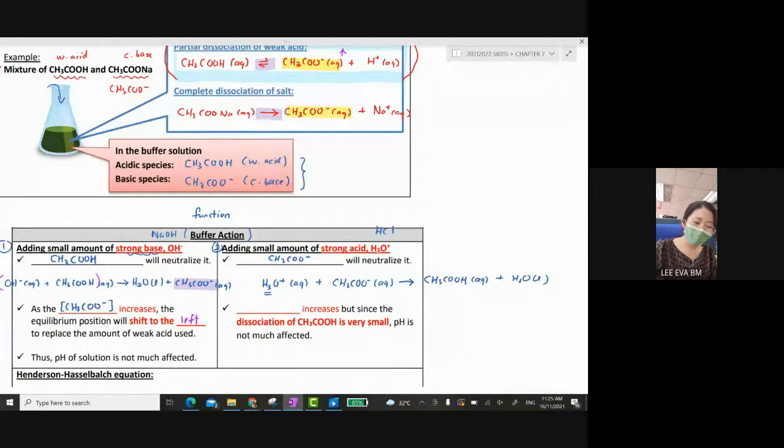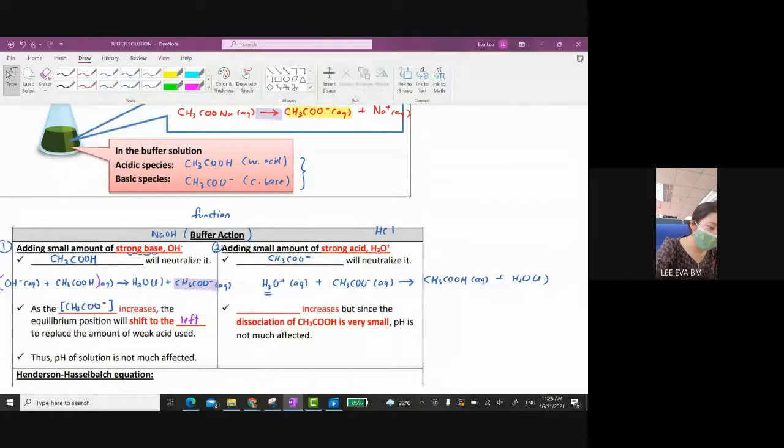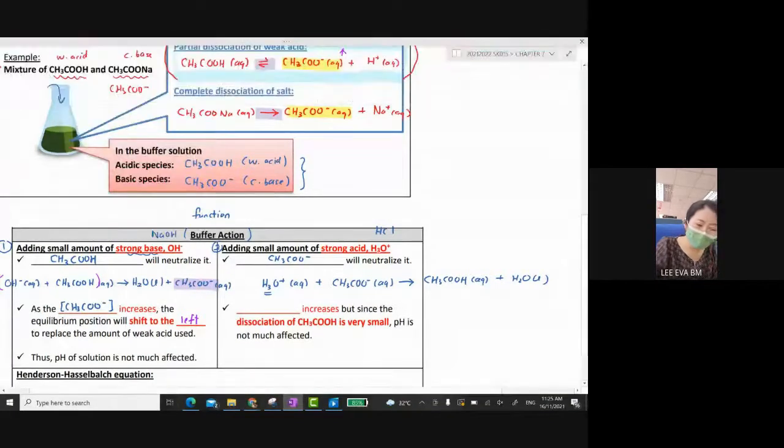Okay, so now we look back over here. Again, madam highlight for you. Now we are producing more acid. Okay, so maksudnya concentrations of this weak acid increases. So we write back in the sentence. So concentrations of the weak acid CH3COOH increases. But remember, this is the weak acid. So weak acid has a very, very small dissociation.